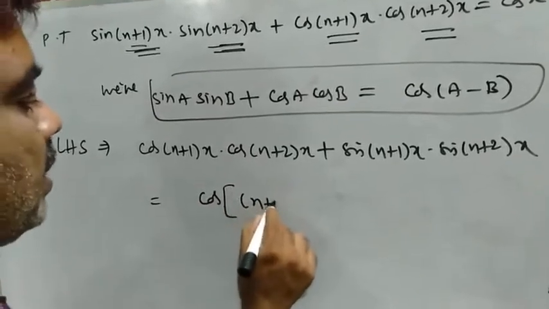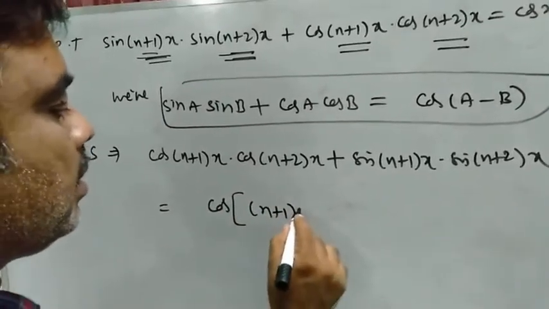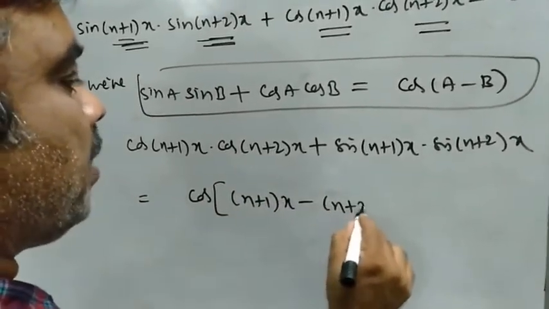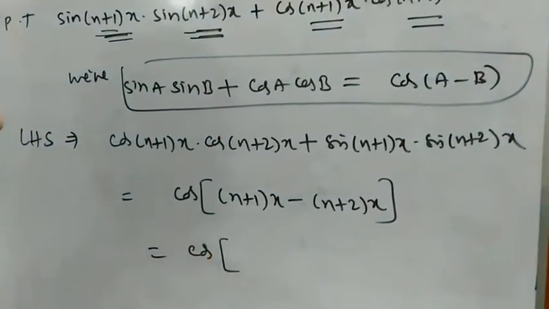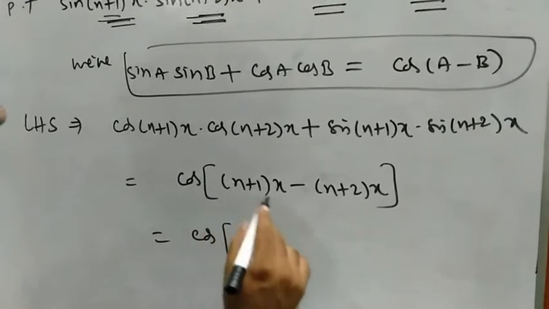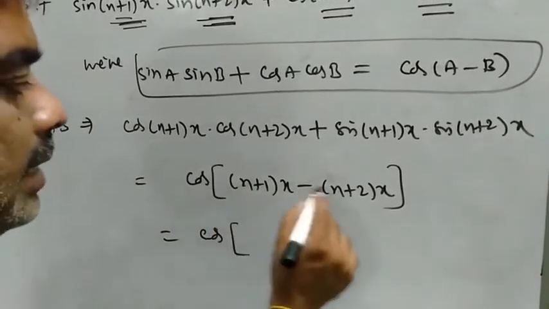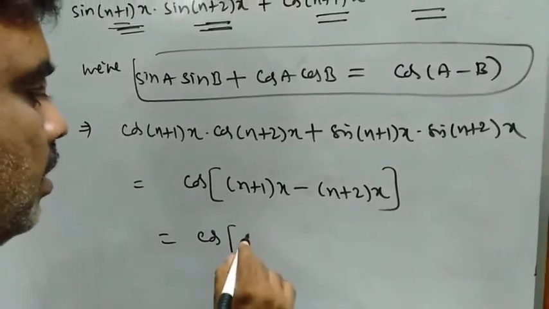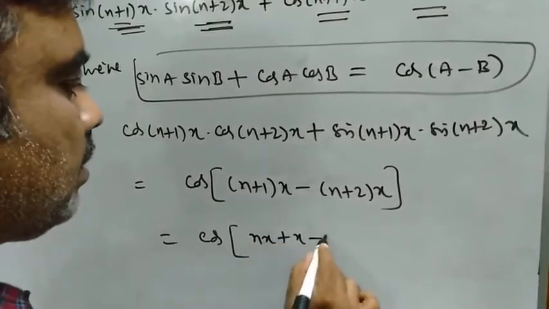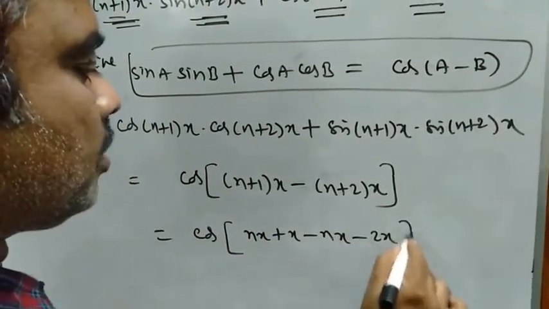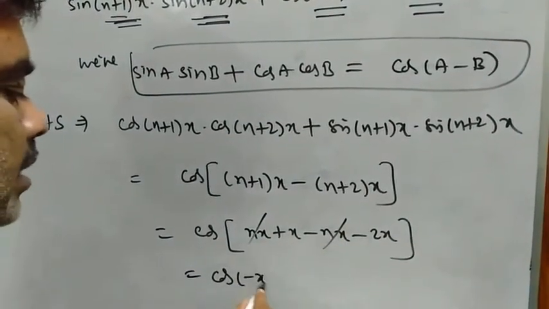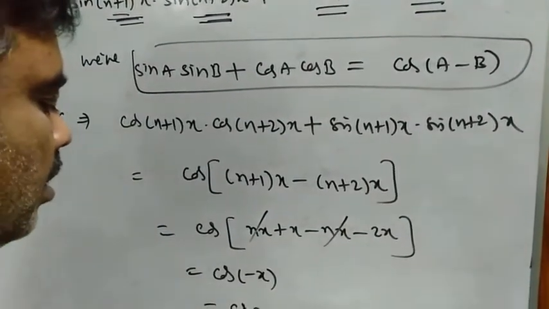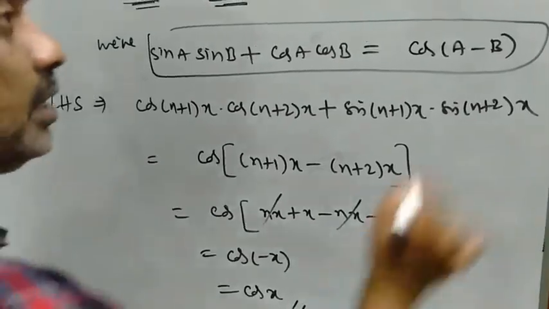A means (n+1)x minus B means (n+2)x. The nx gets cancelled: nx plus x minus nx minus 2x. So this is cos(x − 2x), that is cos(−x). Cos(−θ) is equal to cos θ, so this is cos x, which is the required solution.